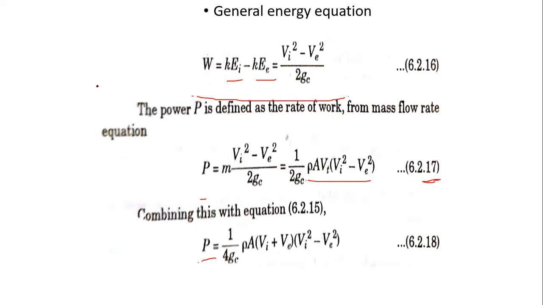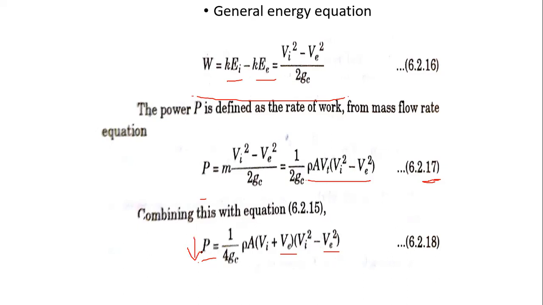If you observe equation 6.2.18, Ve is positive in one term and negative in another. A Ve that is too high or too low results in reduced power.